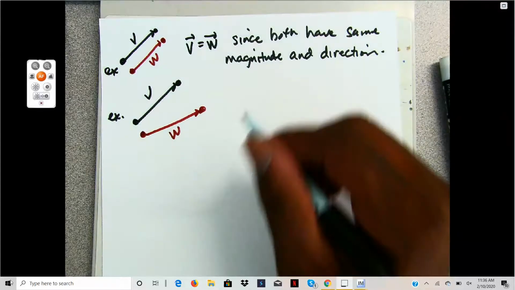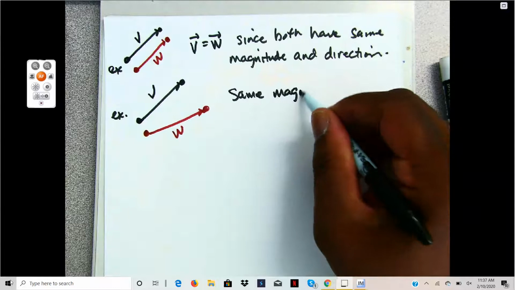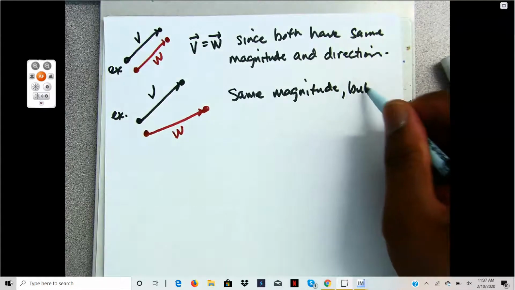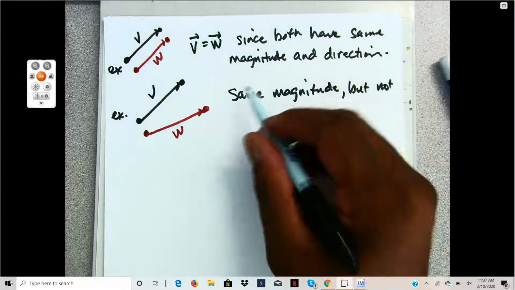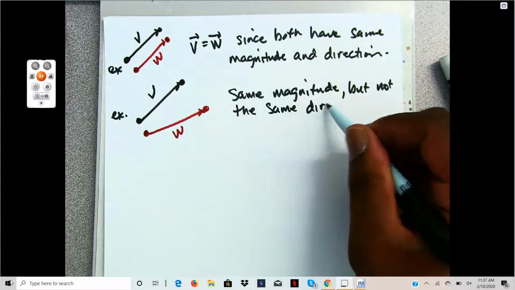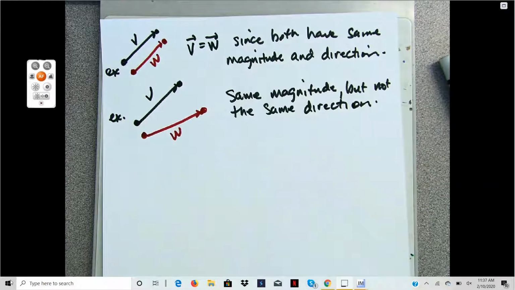Why are they not equal? They don't have the same direction. They do have the same magnitude, but not the same direction. So vector v is not equal to vector w.